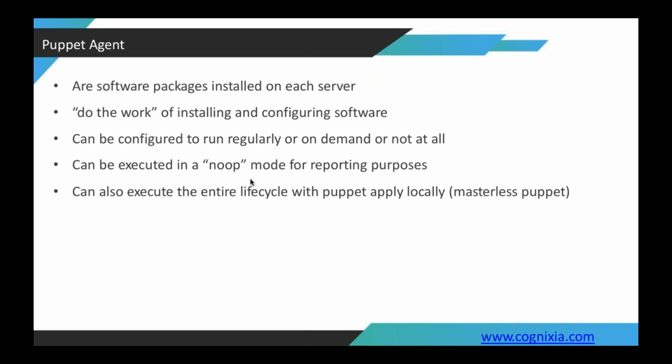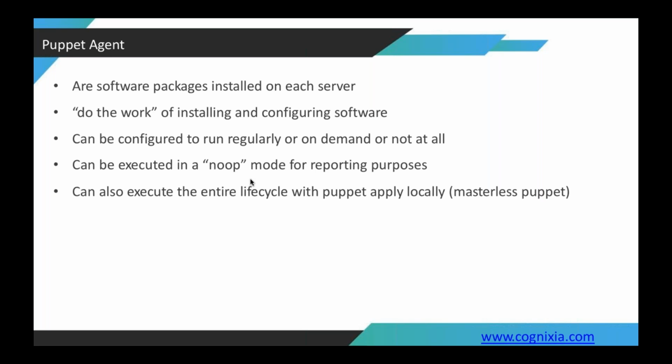So you can run it in the no op mode, and it's just going to show you all the changes that would be implemented, but it's not going to do them. Once you have verified the changes, you can remove the no op mode and run the Puppet agent normally. Then it's going to implement the changes. We are going to use the no op mode in our lab session.